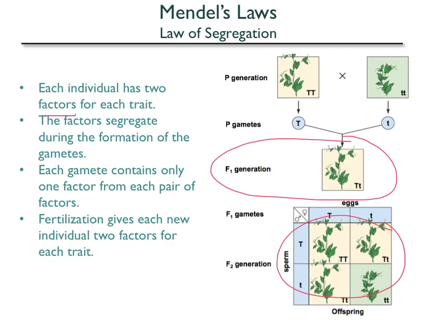And Mendel helped to formulate the idea that these factors segregate during the formation of gametes, so that we start with an individual that has 2 factors, and then the gametes would only have 1 of the factors. Each gamete contains only 1 of the factors from each pair, and fertilization then, when egg and sperm meet, gives rise to an individual with 2 factors for each trait.